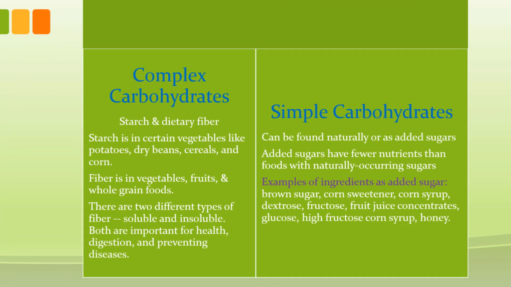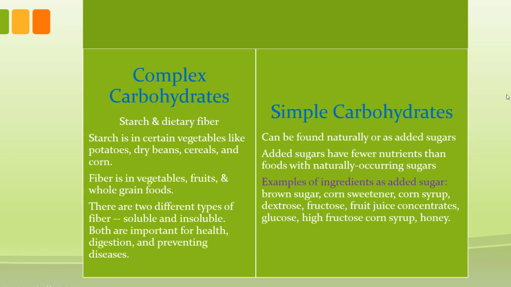Fiber is high in these vegetables, and this is good because it helps with the digestion of these carbohydrates. Fiber can be either soluble or insoluble, and both are important for health, digestion, and preventing diseases.